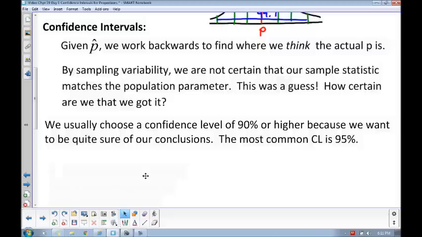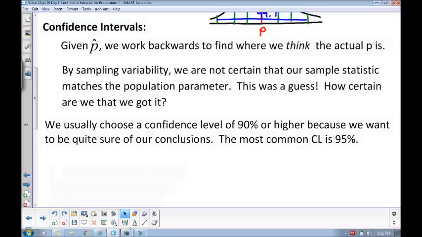They can be as small in what we call the soft sciences as 60%, or they could be as strict as in some of my harder sciences, my medical, my engineering, as 99% confidence or even higher. Our most common confidence level is 95%.